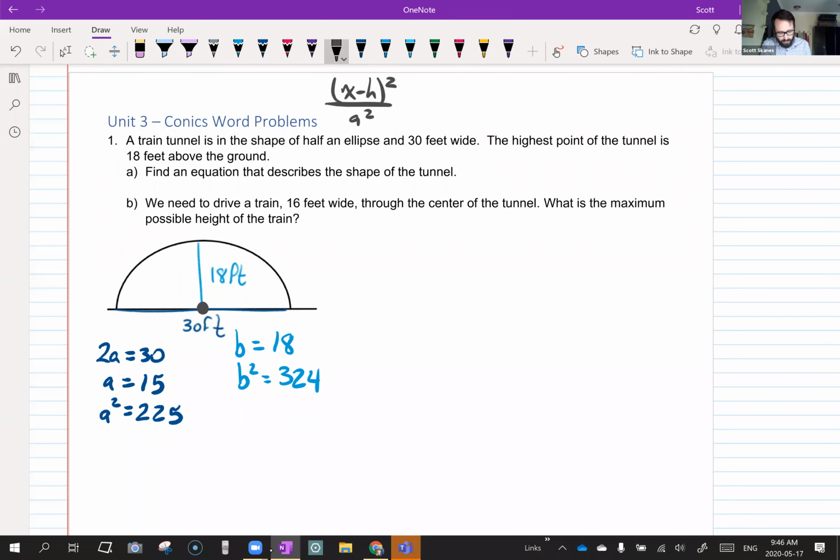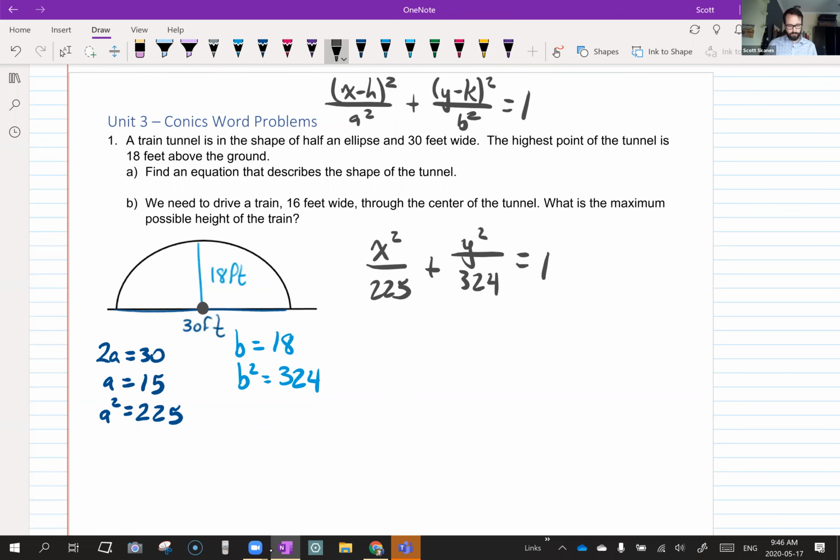If you don't have it memorized, just look it up in the table. I have a and b, and I also have h and k because they're 0. So the final answer is x squared over 225, plus y squared over 324 equals 1. Okay, that is my part A.